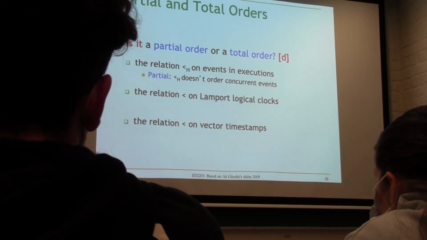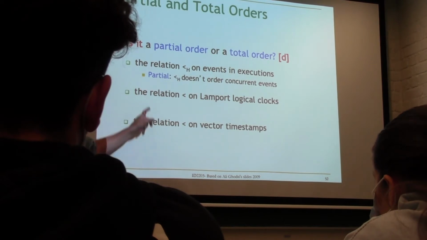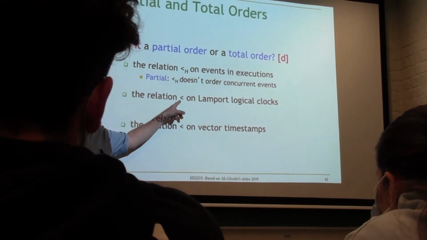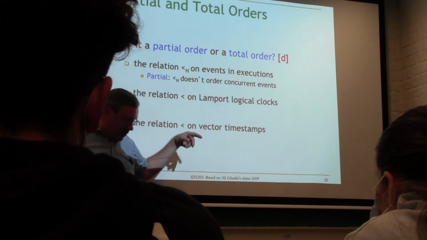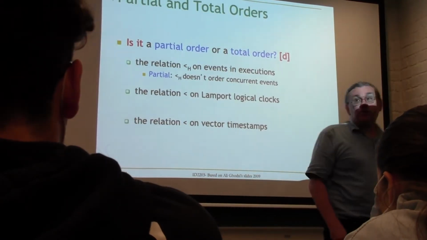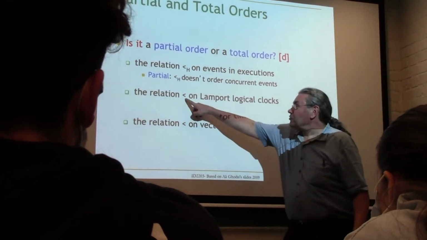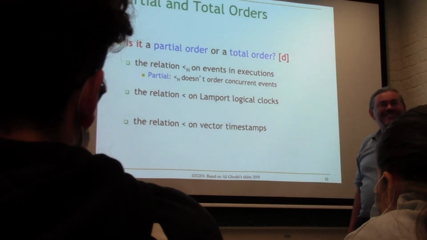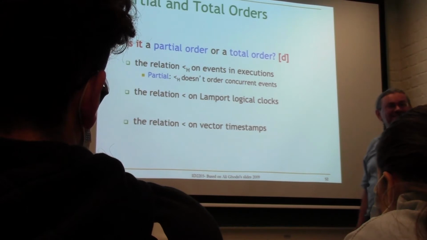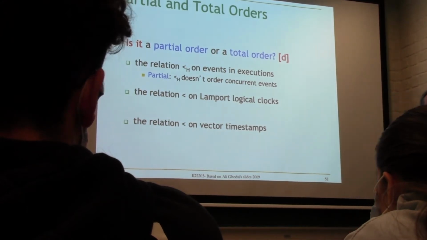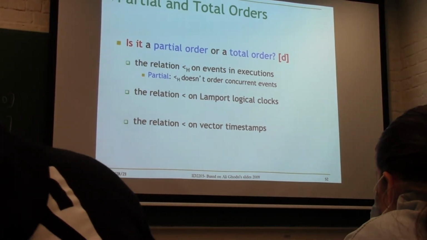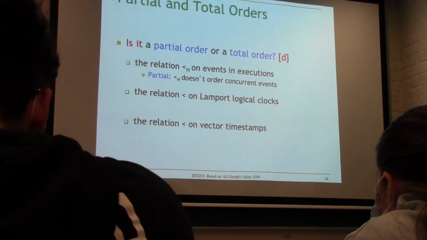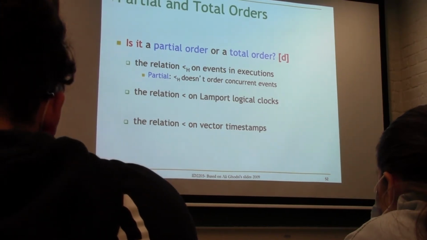What about the less-than relation on Lamport logical clocks? Notice this is a relation between integers. It's just comparing 2 integers. So is this partial or total? Trick question. I'm telling you it's a trick question. You have to think a little bit.